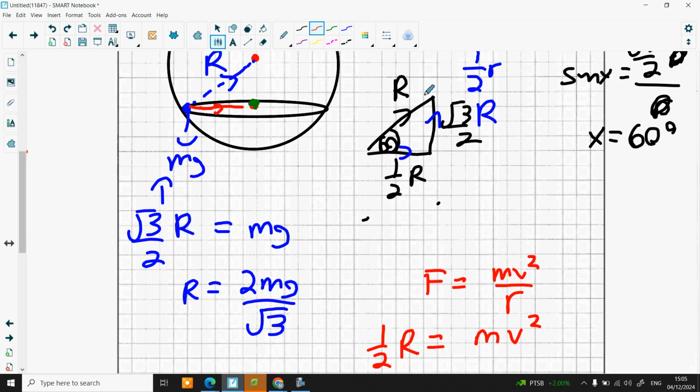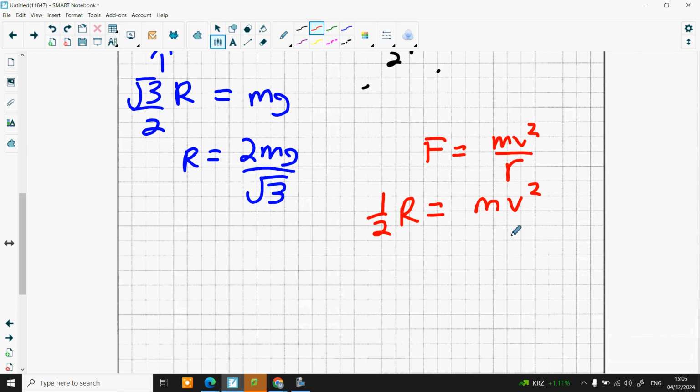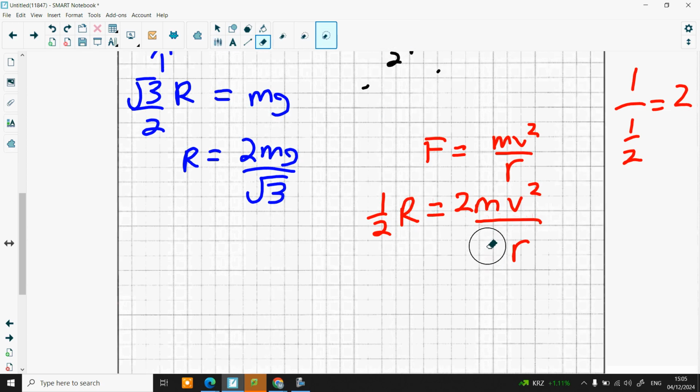I think we all said the radius of the circle was a half r, wasn't it? Half the radius of the sphere. So bring the 2 up to the top, isn't it? You're dividing by a half. 1 divided by a half is 2. Okay, so I'm going to bring that up to the top.